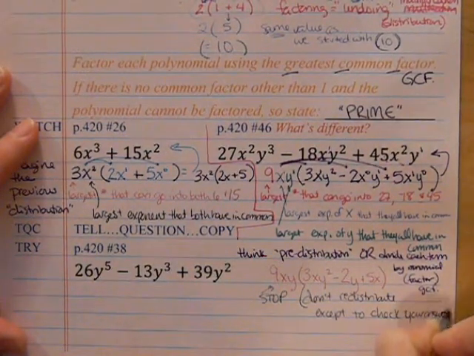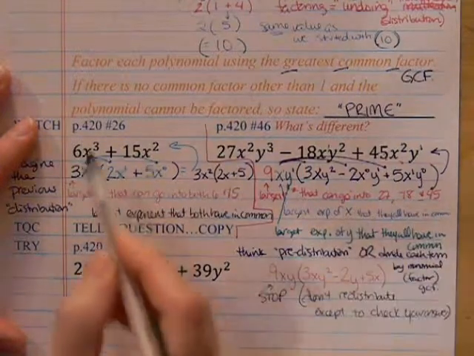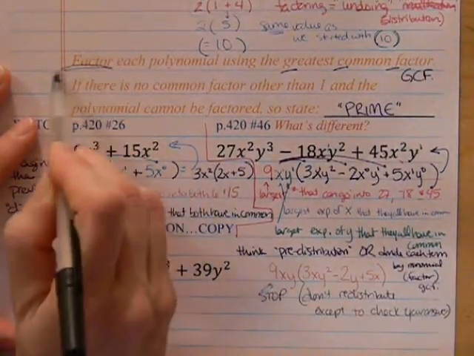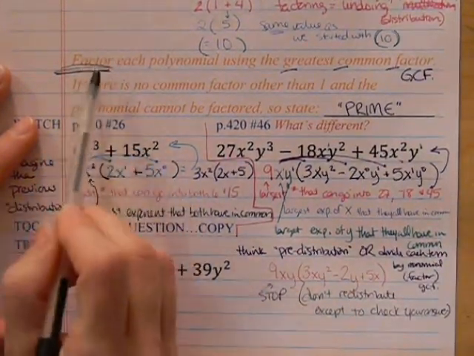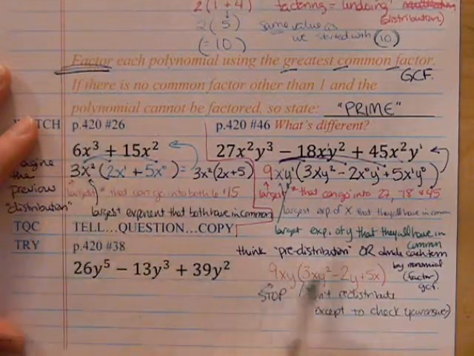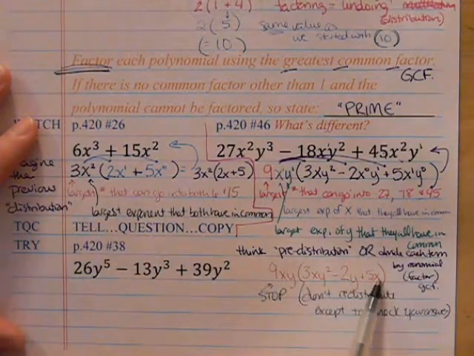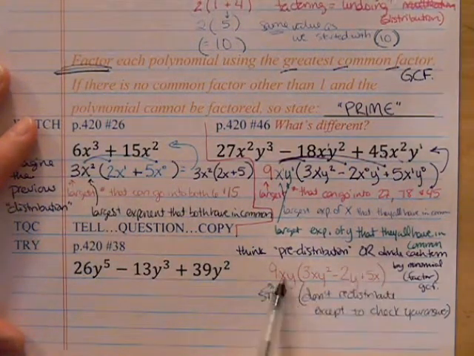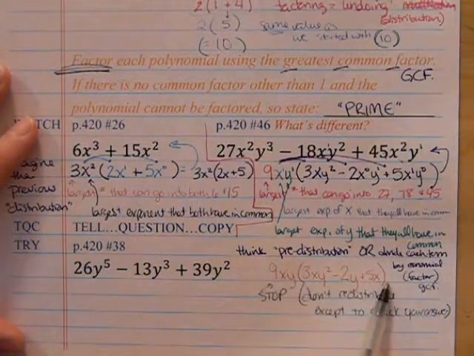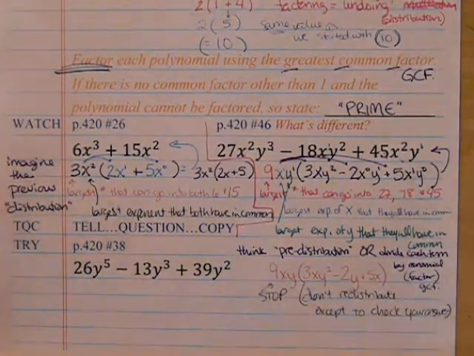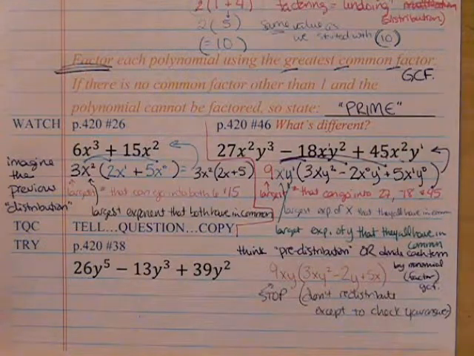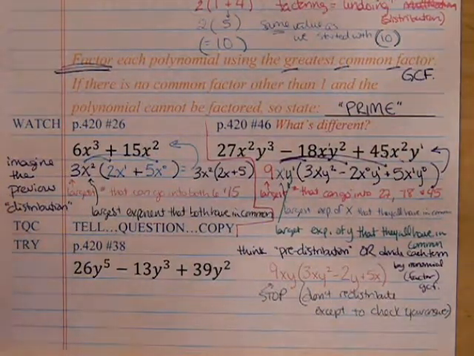Because what the instructions say, and this is why it's so critical to really practice and be paying attention to the instructions, is we're trying to factor. We're trying to break it down into what it looked like pre-multiplication. So pre-distribution, what did this look like? Or in the next case as we move on, pre-FOIL, pre-multiplying, what did it look like?